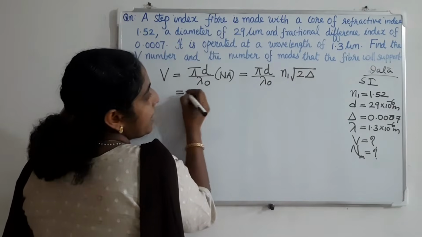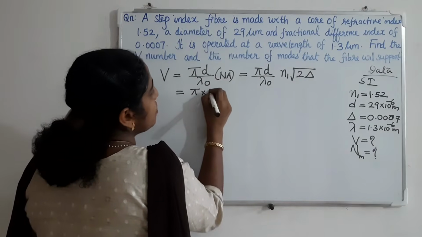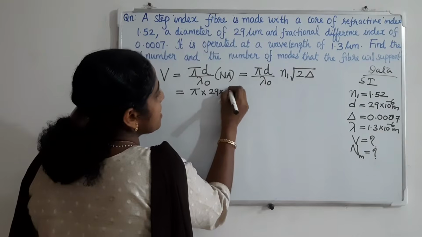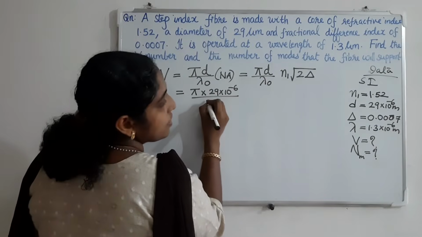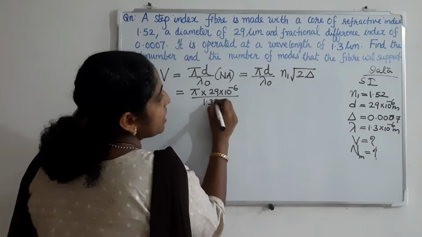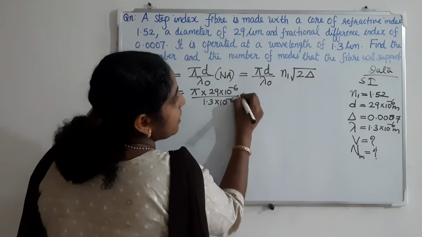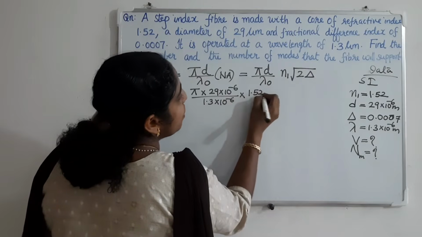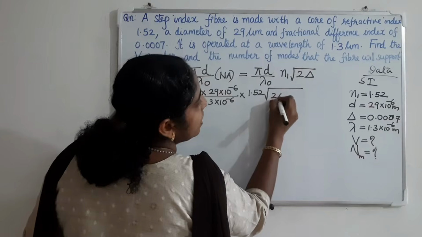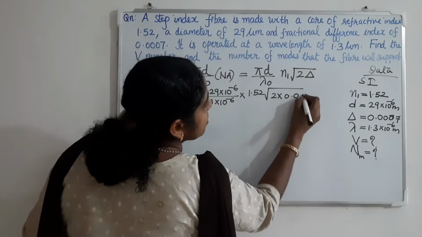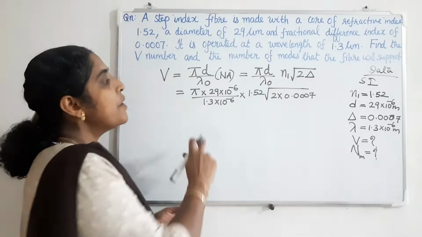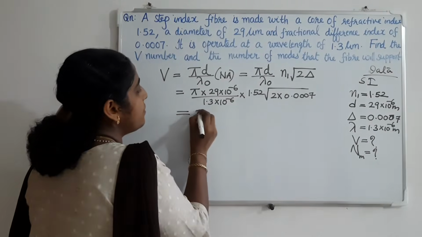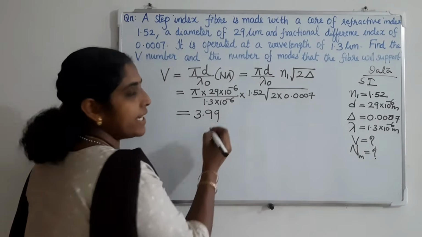That is pi into d is 29 into 10 raised to minus 6 divided by lambda 0 is 1.3 into 10 raised to minus 6 into n1 is 1.52 root of 2 into delta is 0.0007. On calculating it, we will get the V number as 3.99.